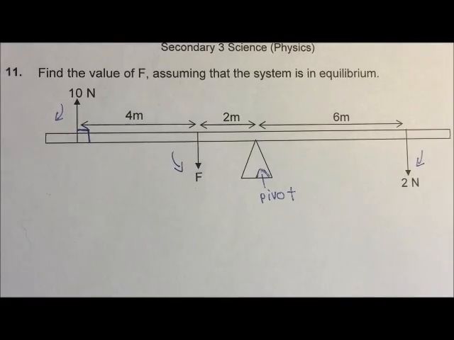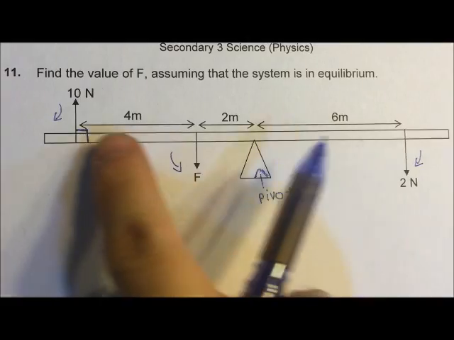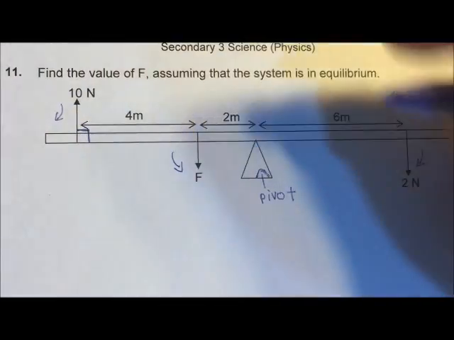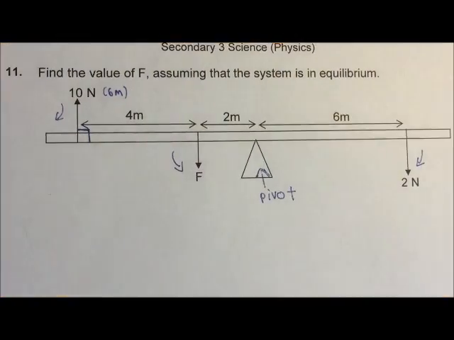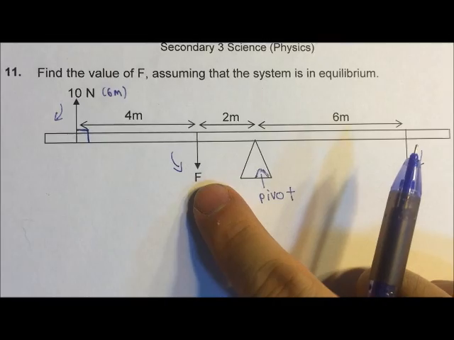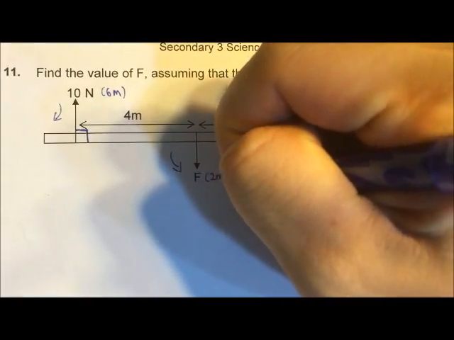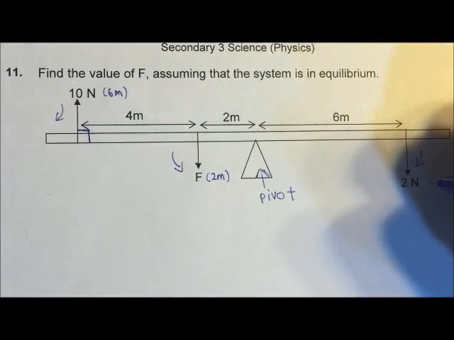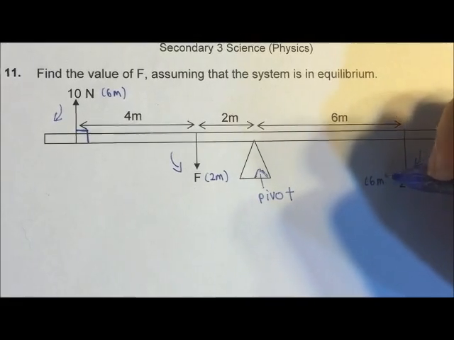So in this case, if we take note of the distance from the pivot to the force and the right angle part, you realize that the distance for the 10 Newton force is 6 meters. And the perpendicular distance for the force F would be 2 meters. And lastly, for the 2 Newton force, the perpendicular distance will be 6 meters.